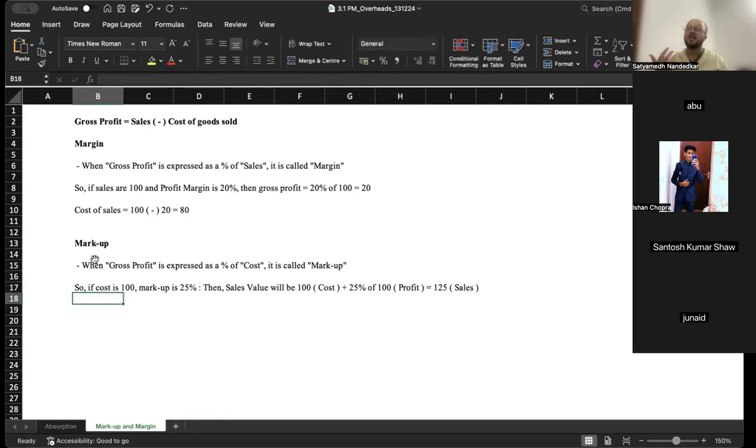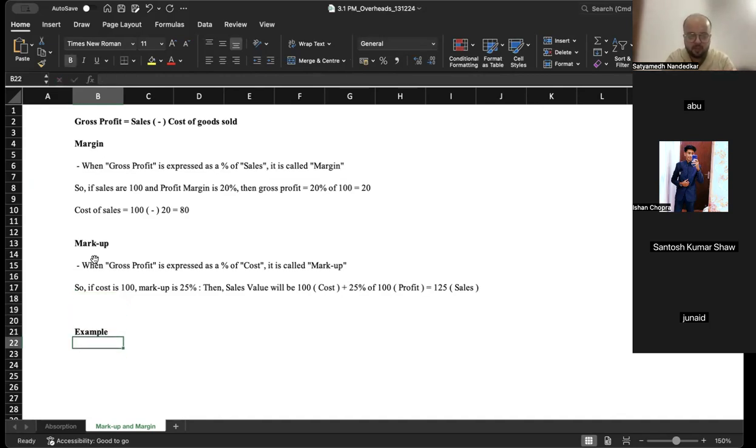So there are people out there who will try to put it across in the form of an equation. But whenever the words margin and markup are given, instead of going by equation, I prefer expressing everything in terms of 100 first and then calculating the actual selling price or whatever it is.